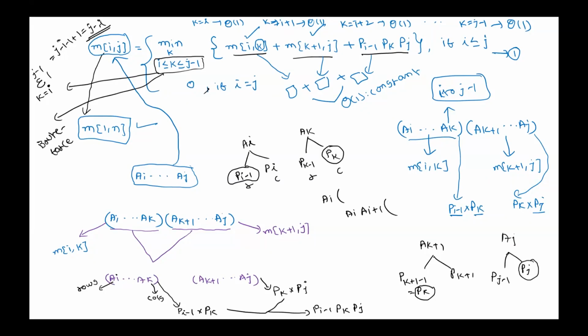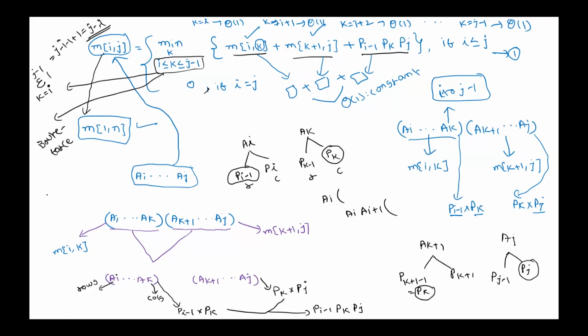Now, what is the amount of time it takes? Because here a total of j minus i options are there.